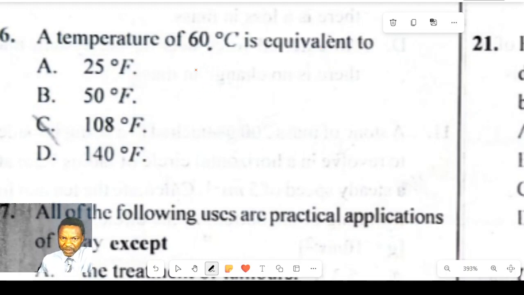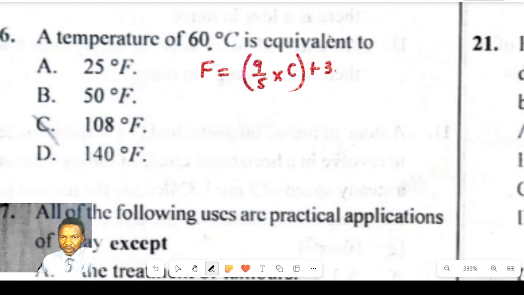If you know the formula, you can just say Fahrenheit temperature is equal to 9/5 times the temperature C, then plus 32. If you substitute the 60, that will give you 108 plus 32, which is 140 degrees Fahrenheit.